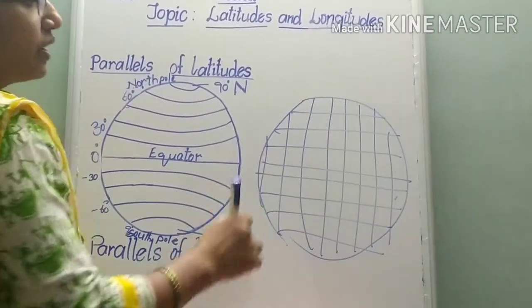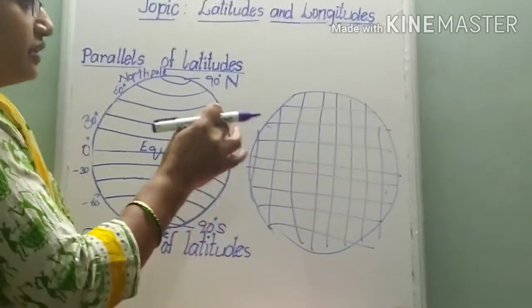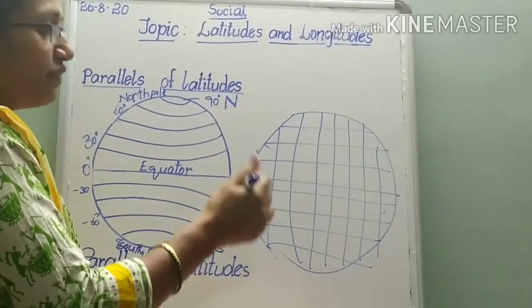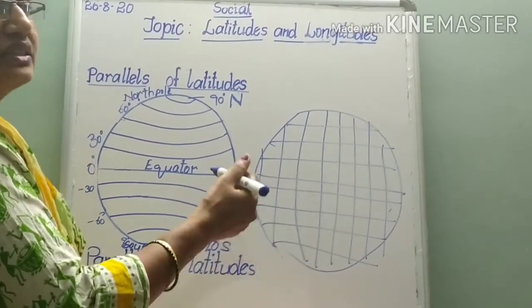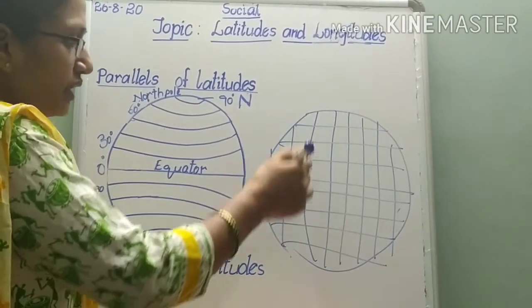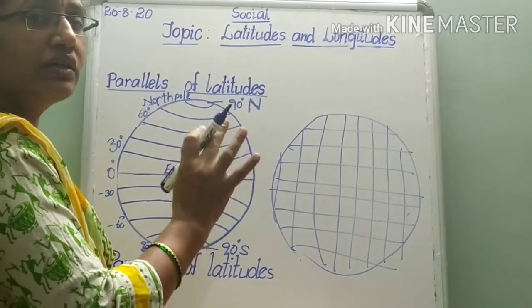These lines are imaginary lines. They are not real. They are drawn for the sake of our convenience. To know the earth clearly, we have drawn these lines. They are not really there on the earth.